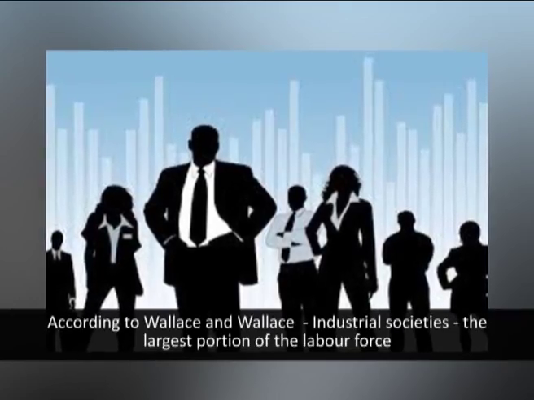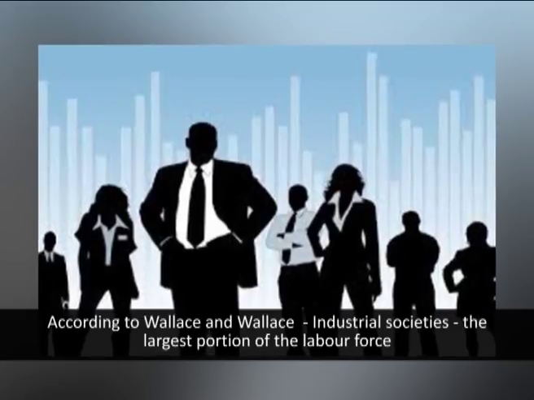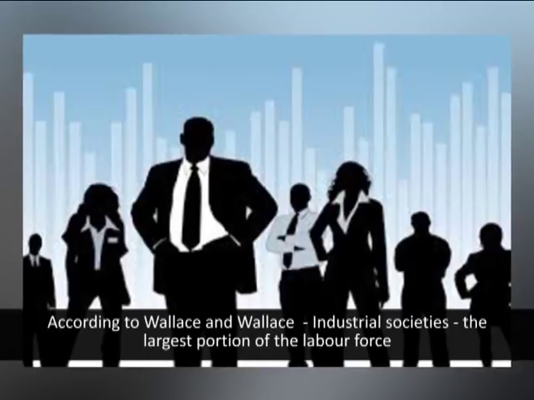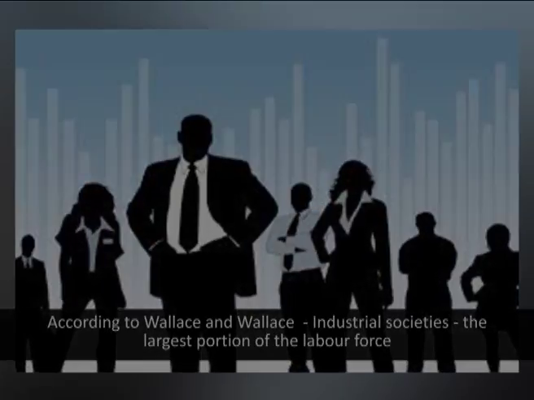According to Wallace and Wallace, in industrial societies, the largest portion of the labor force is involved in mechanized production of goods and services. The term industrial societies originated from Saint Simon, who chose it to reflect the emerging central role of manufacturing industry in 18th century Europe in contrast with previous pre-industrial and agrarian society.